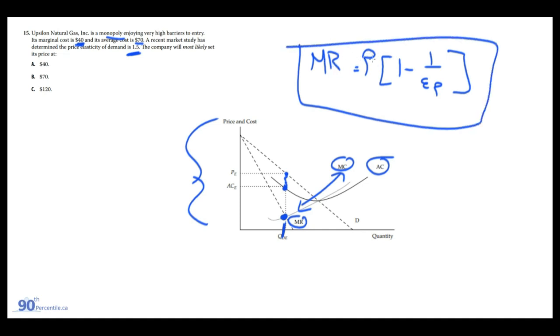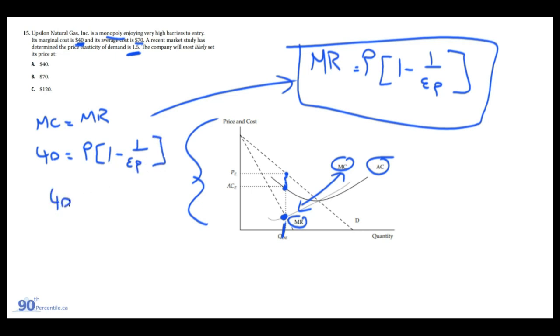So marginal revenue equals price times 1 minus 1 over price elasticity. Now that we have this formula and the marginal cost, we can set those equal to each other. So here marginal cost equals marginal revenue, and 40 is equal to P times 1 minus 1 over price elasticity.